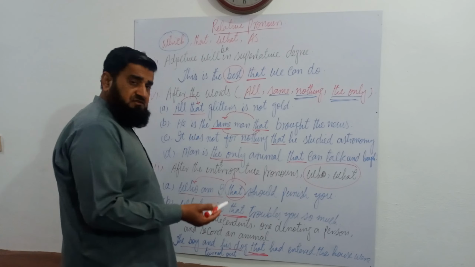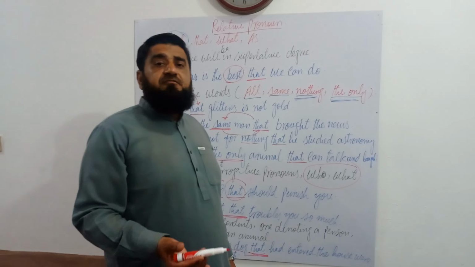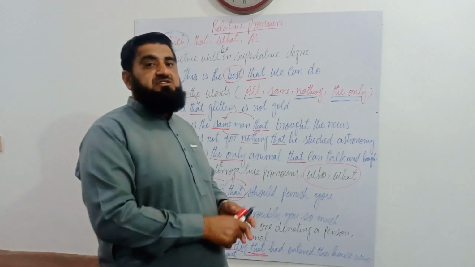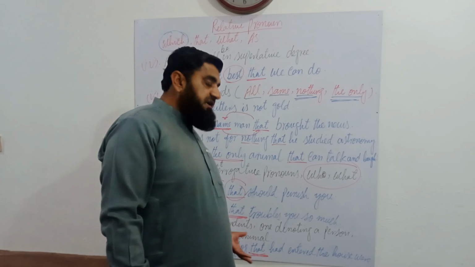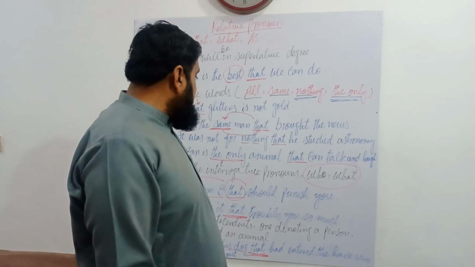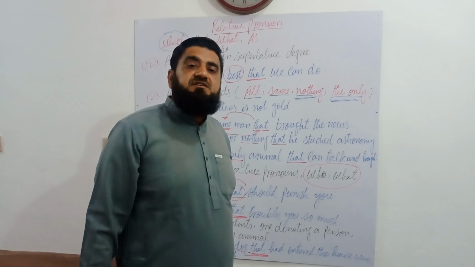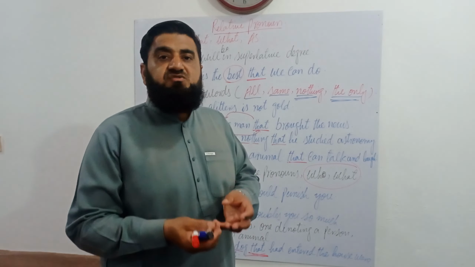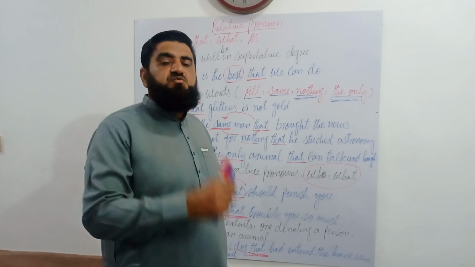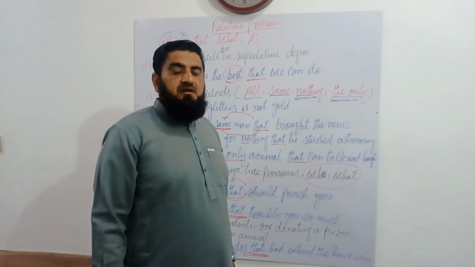All these are very important for competitive examinations. Such questions always come in MDCAT, ETEA, CSS examinations as well. So keep in mind all these grammatical restrictions with respect to the usage of that. The relative pronoun that is very important. Thank you so much.